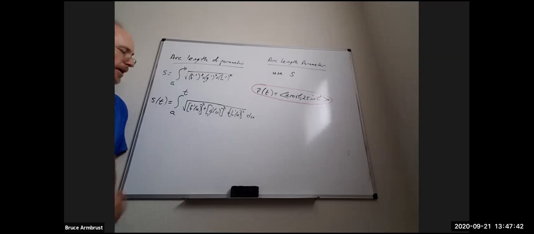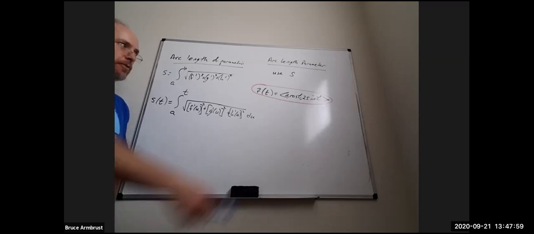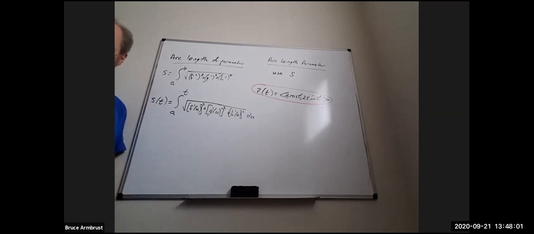So what this is going to actually end up giving us is the relationship between s and t, the relationship between the arc length and the amount of time that's passed. And then we can use that to change our parameterization to being in terms of s. Does that make sense? Yeah.